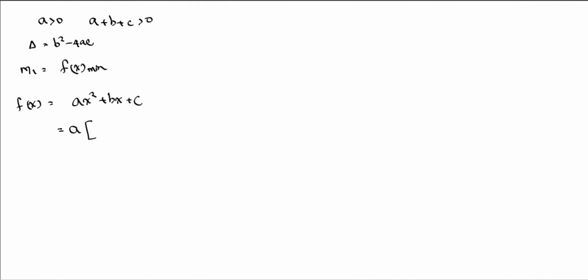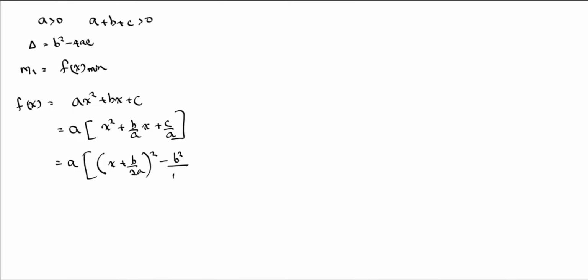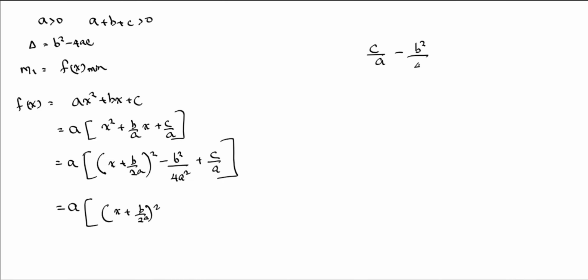If you take this a out, x squared plus b over a x plus c over a, you can complete the square: x plus b over 2a whole thing squared, minus b squared over 4a squared, plus c over a. Now if you simplify this, you have c over a minus b squared over 4a squared.